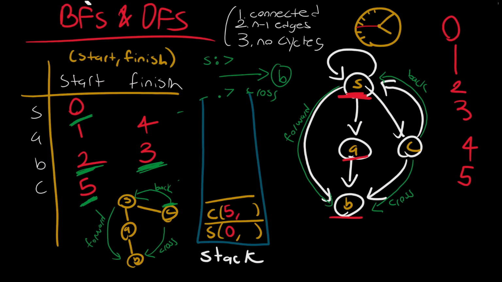And let's talk about the back edge. The back edge, we can see that it's C going back to S. We see that the back edge, the start time for this is greater because we looked at it later in our traversal, and the finish time is going to be less than S. So you see here that C, we haven't put this in yet, but we're going to traverse back to illustrate this.